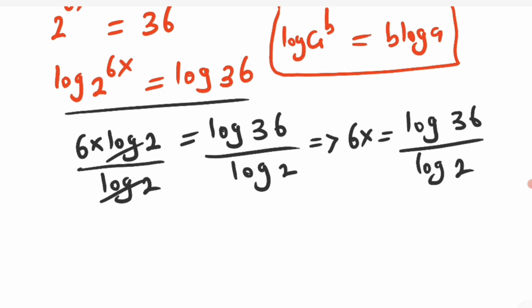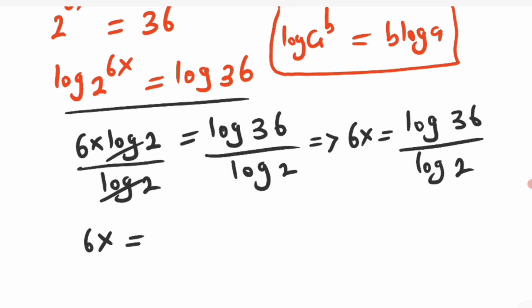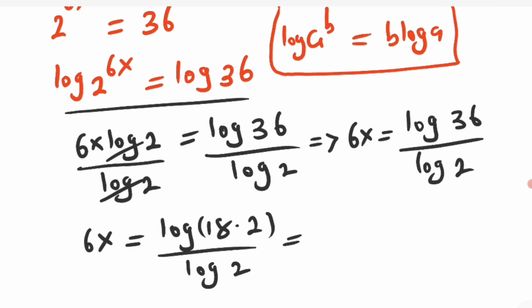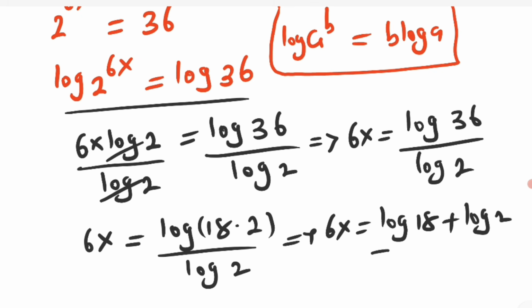And 6x is equal to log 36 can be written as log 18 multiplied by 2 over log 2. This is same thing as 6x is equal to log 18 plus log 2, this over log 2 and this over log 2.